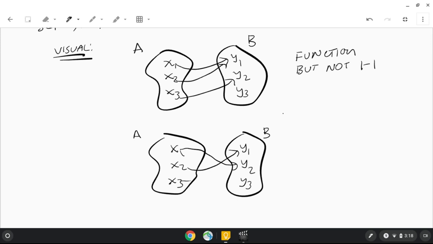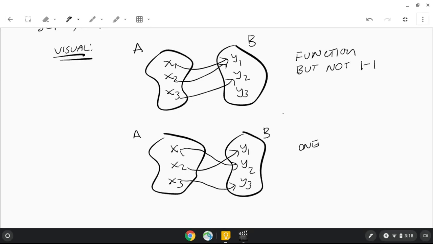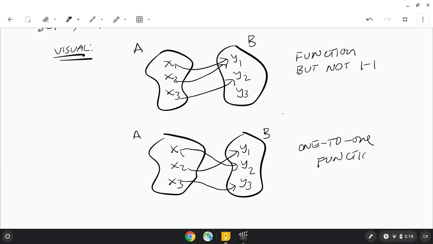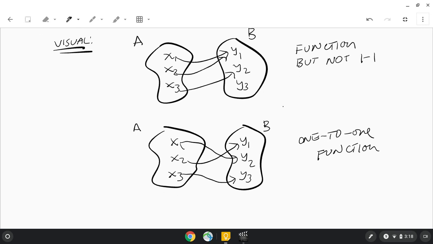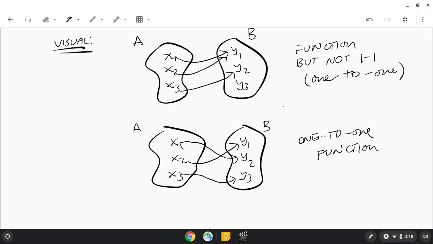Well, x3 can only go over here, because the other y values are taken. So this is what it means to be a one-to-one function. And yes, I could have used the 1-1 notation, in case you're not sure what that notation is.